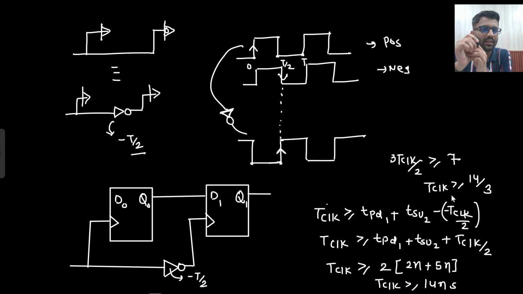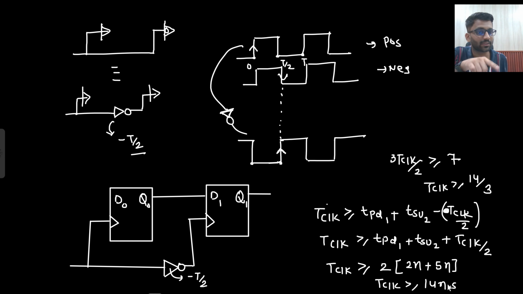So always remember, the phase shift, not phase shift, the delay I am always going to take in negative only. Because delay is minus T by 2 as well, and delay is plus T by 2 as well, both are the same thing. But if I put plus T clock by 2 here, then the issue is that my T clock should be greater than 14 by 3, and if I put minus T clock by 2, then it is becoming 14 nanosecond.